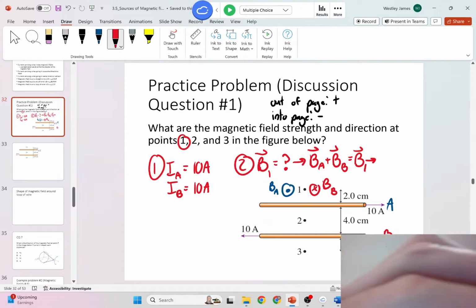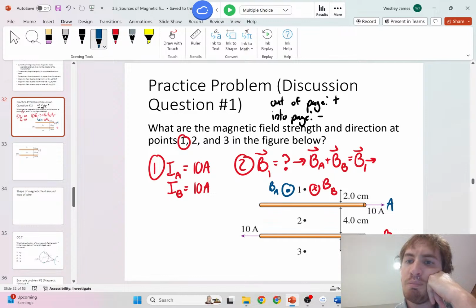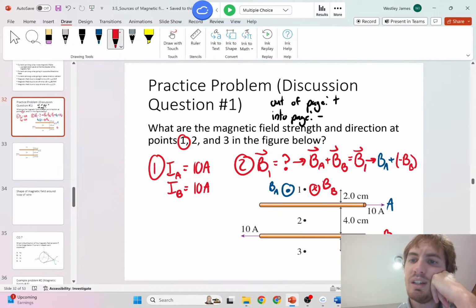So if we follow that rule, according to the picture I just drew, BA is out of the page, so that's positive. So I have BA, that's positive, plus negative BB, and that's going to give me my total field at point 1. That's the goal of this. This may seem weird, y'all, but it's the same exact idea that you've been using for adding electric fields: find the two vectors, add them together.